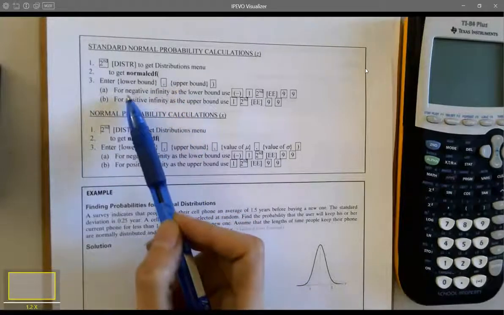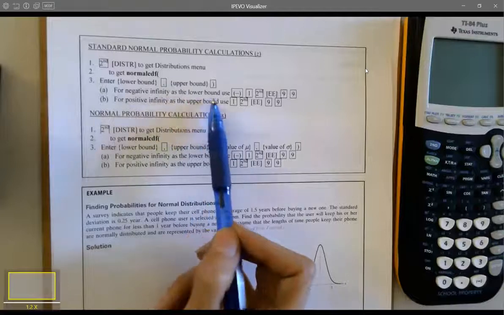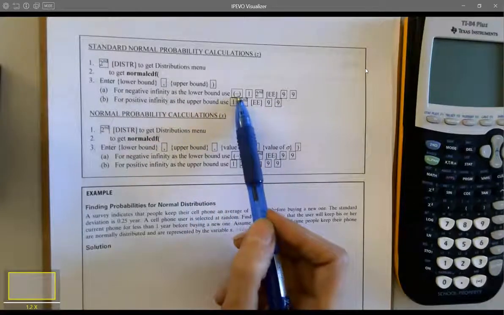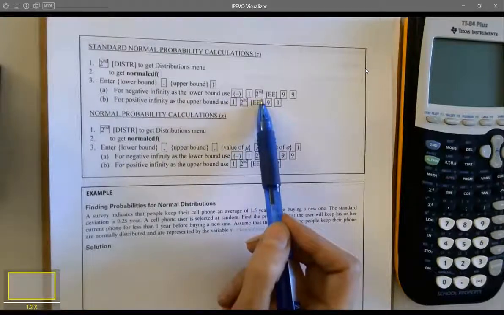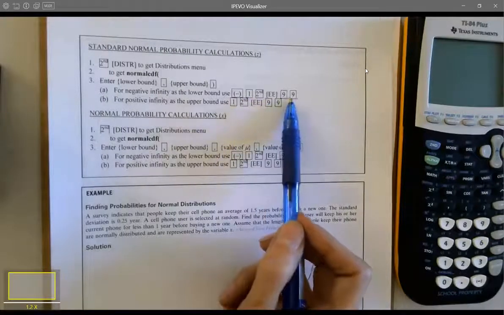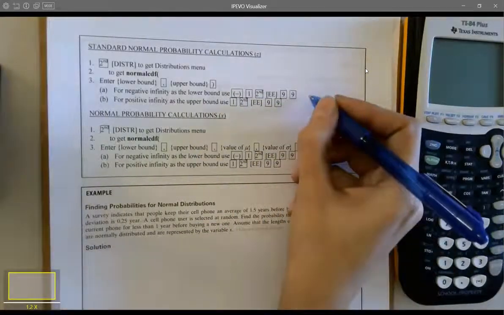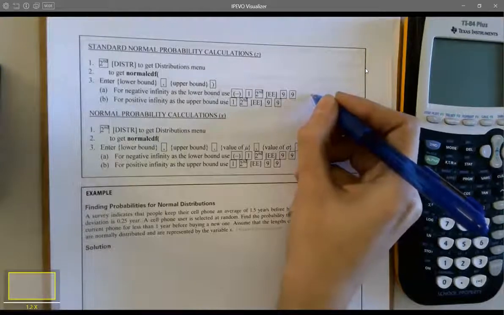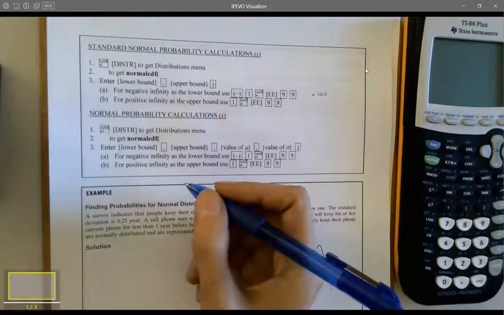If we are using a very small number on the left-hand side, we use a negative sign, 1, second, exponent, 99, and if you want to use a different number like negative 1,000 or negative 100, that's also fine.